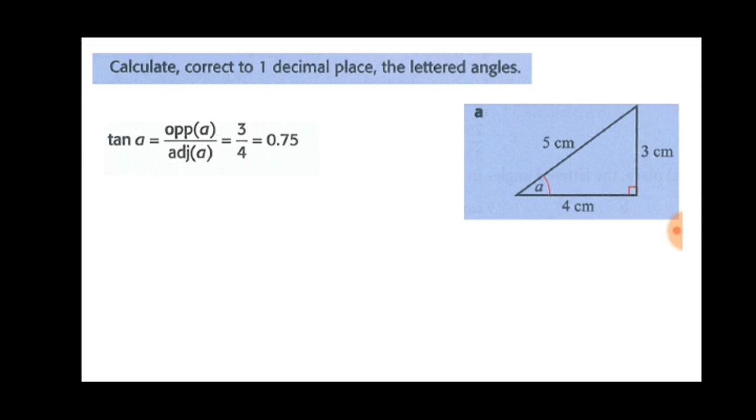So tan of A is equal to opposite side of A over adjacent side of A. That is equal to 3 over 4, which is equal to 0.75. So A is equal to tan inverse of 0.75, and using the calculator, it will be equal to 36.9 degrees.